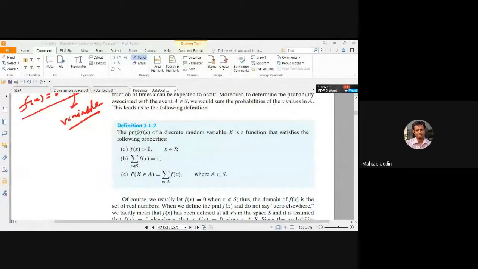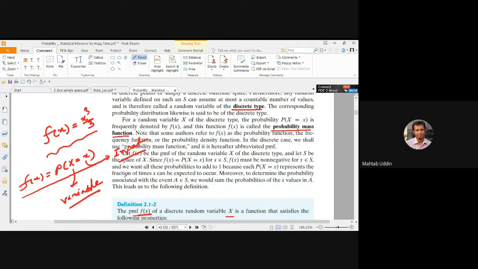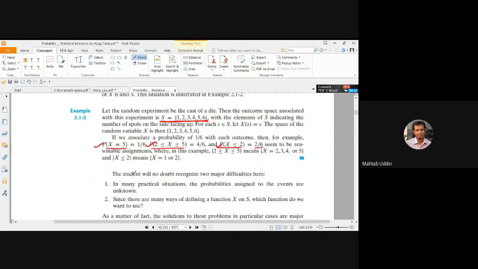Now let f(x) be the PMF, that is probability mass function of a described random variable X, then it will satisfy certain conditions. First of all, the probabilities are positive. Second, the total probability will be 1, we know this. And let A be any event within the given sample space. Then its probability is the probability of the sum. Here, say A is between 2 to 5.